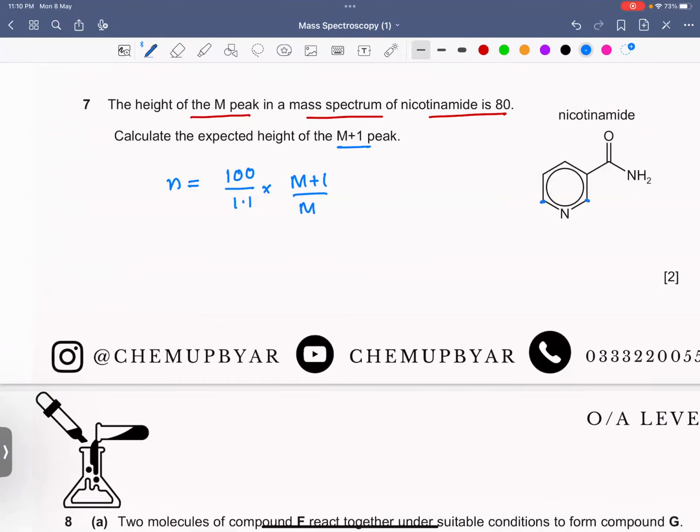So N would be 6, equals 100 upon 1.1 into M+1 over M, where M is 80. So make M+1 the subject. It would be equal to 6 into 1.1 into 80 over 100. So you can identify the M+1 peak.